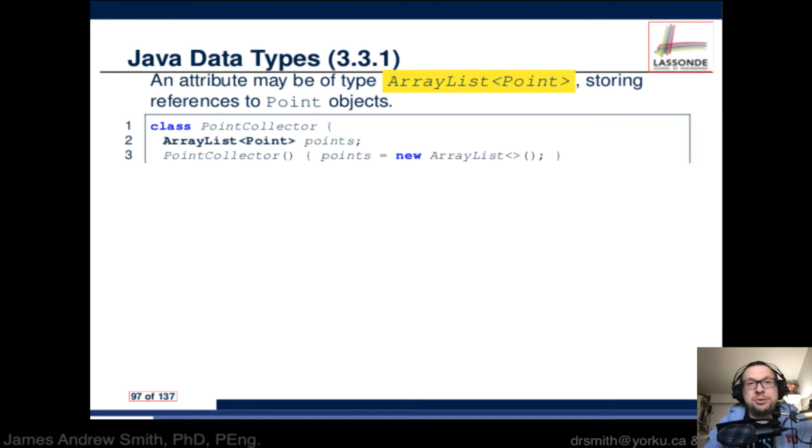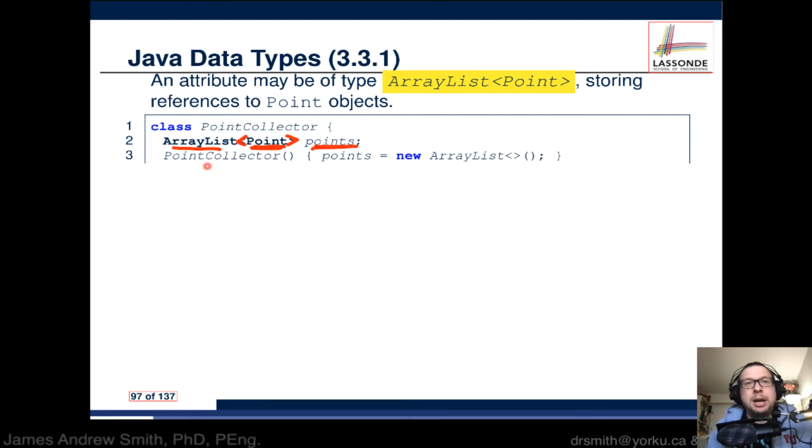We've got PointCollector, so we're going to make a new PointCollector right here, and we're going to create an ArrayList of type points. Notice that we've got the greater than and less than symbols used to define the type for the ArrayList. We're going to have an object called points set up that way.